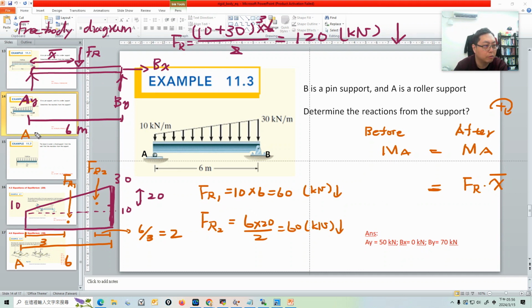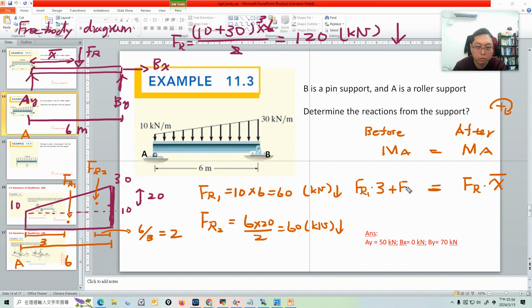So our reference point is A. Here is FR1 times 3, and it's clockwise, and I assigned clockwise as positive. And here's FR2, and what's the lever arm for FR2? It's also clockwise, so it's positive.